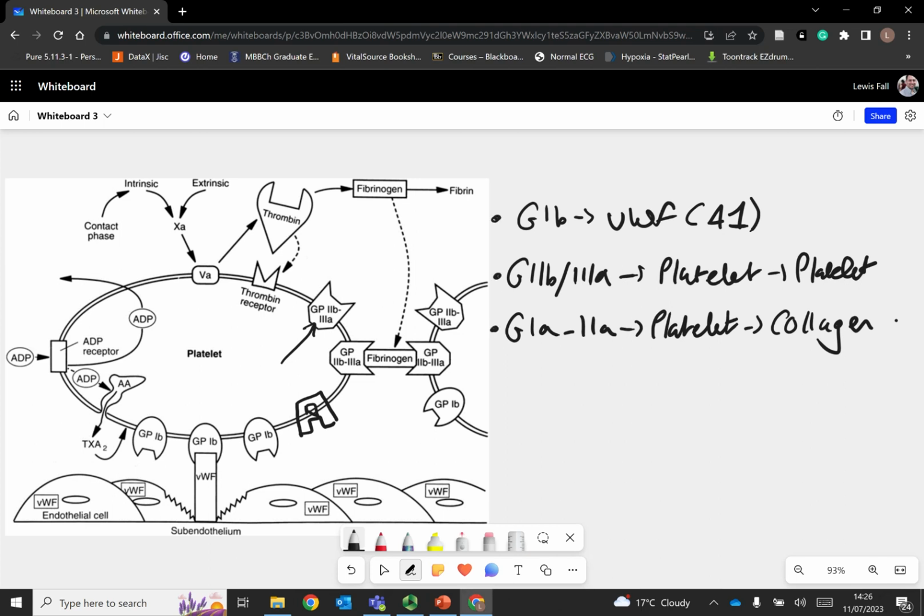Glycoprotein 1b is going to bind a platelet to the A1 domain of von Willebrand factor. Glycoprotein 2b3a is going to bind a platelet to another platelet. And then, finally, glycoprotein 1a, 2a is going to bind a platelet to collagen.